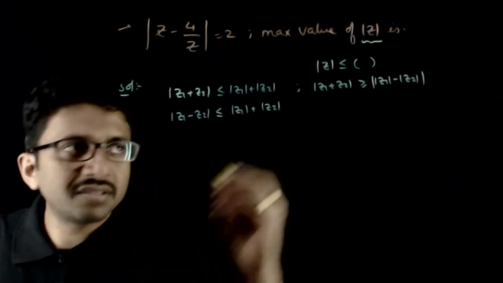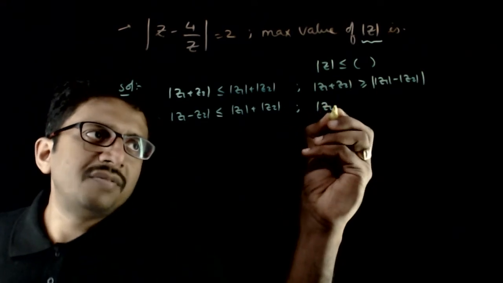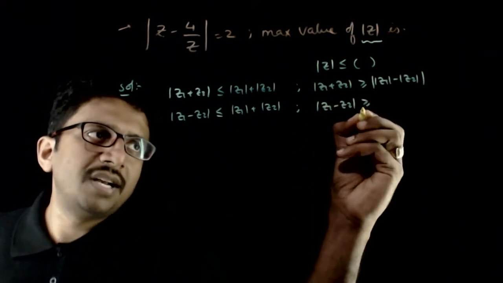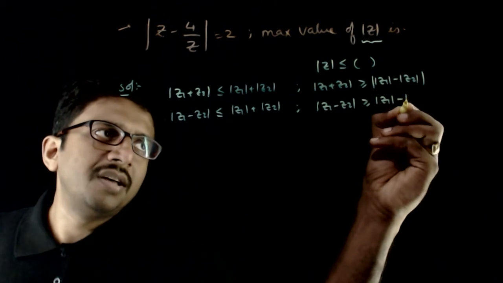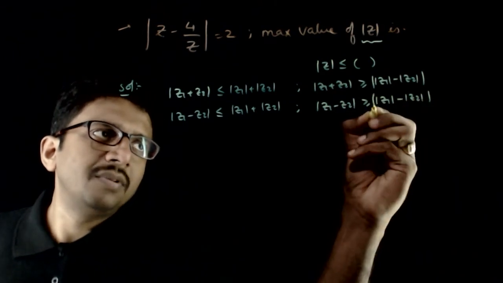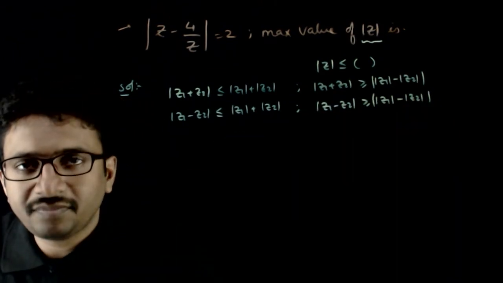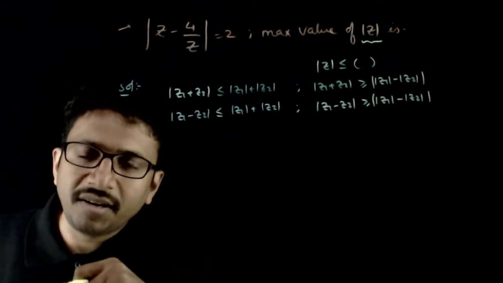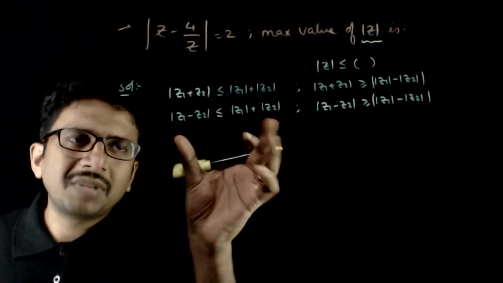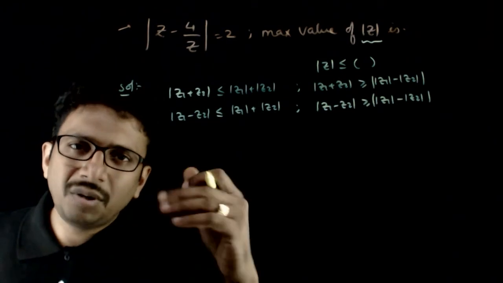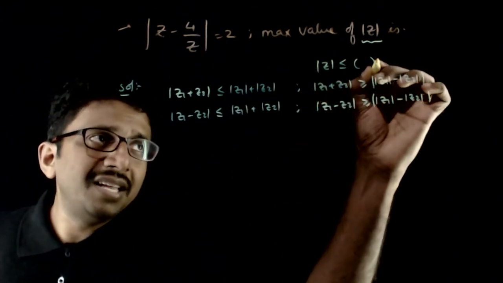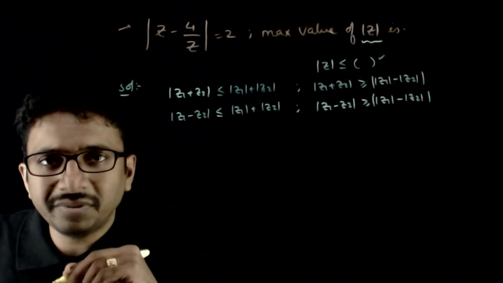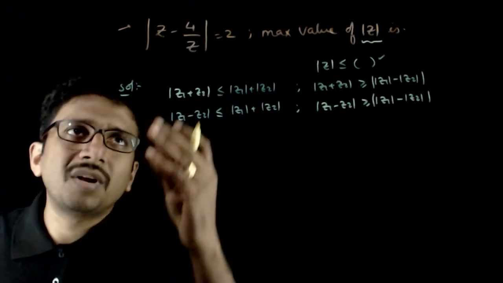Similarly, mod of z1 minus z2 is always greater than or equal to mod z1 minus mod z2 whole modulus. So these are the triangular inequalities. So we have to use one of these to get an inequality of the form mod z less than or equal to something.